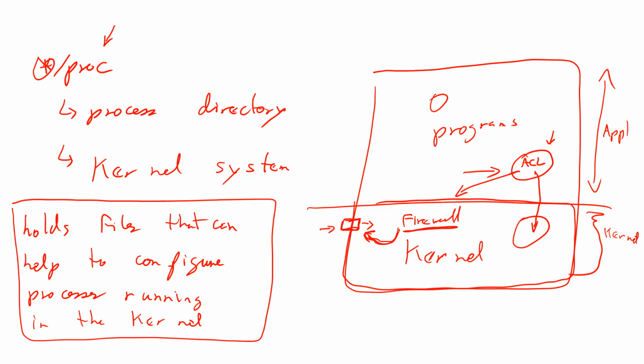In particular with firewalls, you just want to have the access control list updated outside, and you want them to interact and send the data back into the kernel. So the proc is usually a good way to store that info, okay?